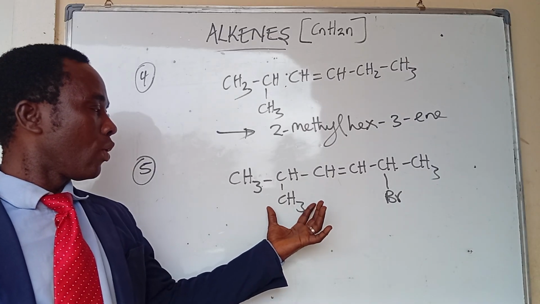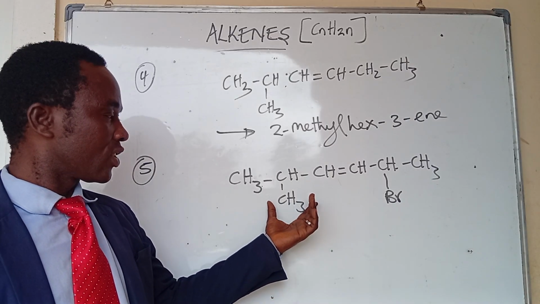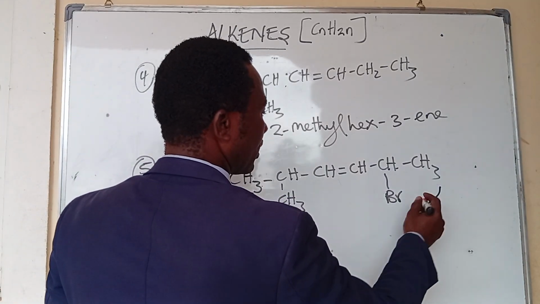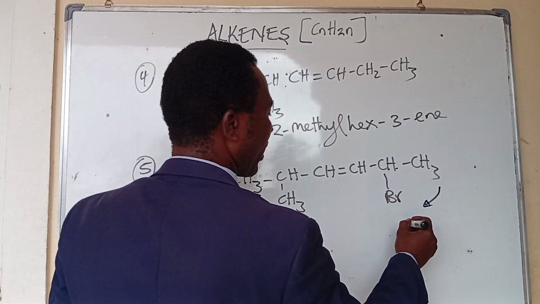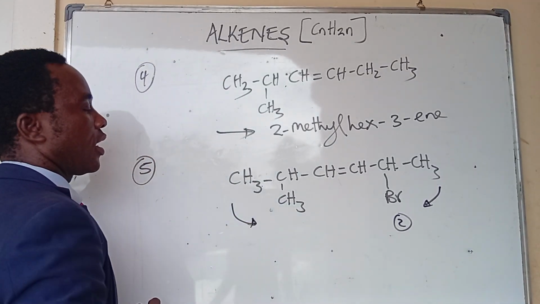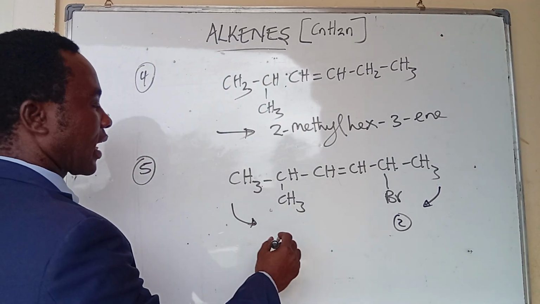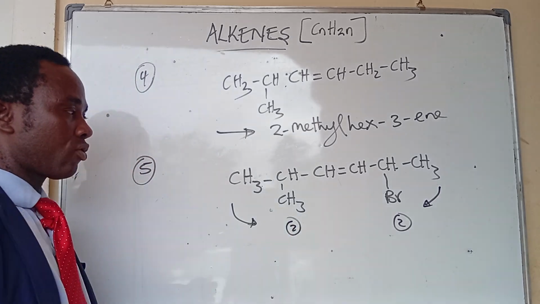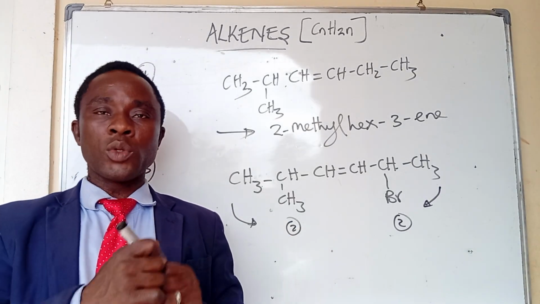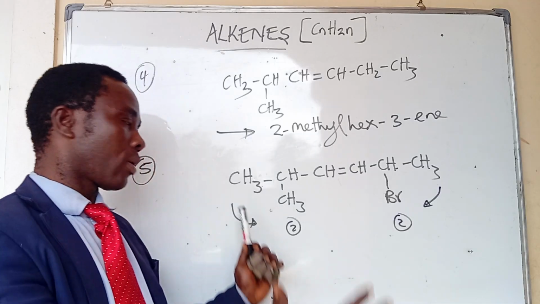Now, we consider the substituent. Here is methyl, here is bromo. What position is methyl from this side? At number 2 position. What position is the substituent from this side? Also at number 2. So equal position for double bond, equal position for substituent from either side.